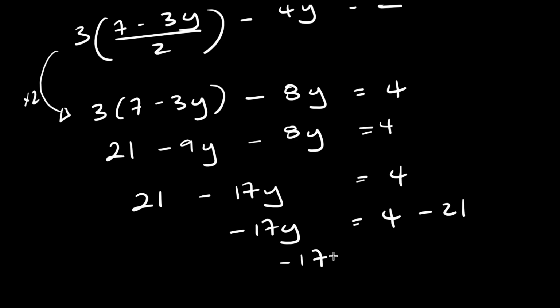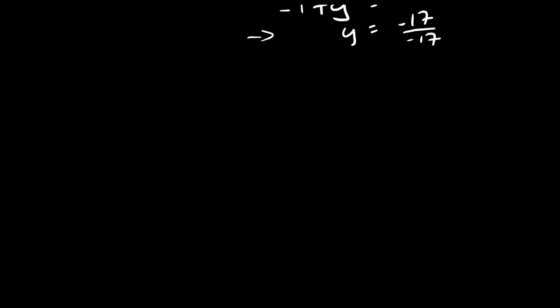I end up with negative 17y is equal to negative 17, which means for us that y is equal to negative 17 over negative 17. y is equal to 1.